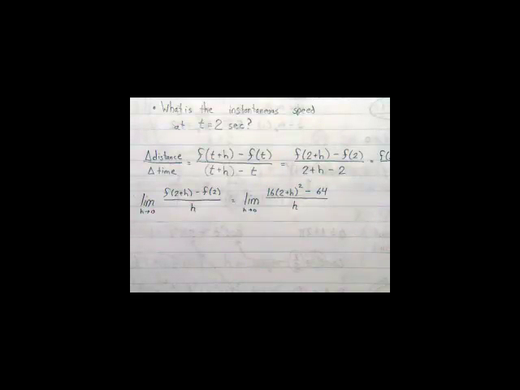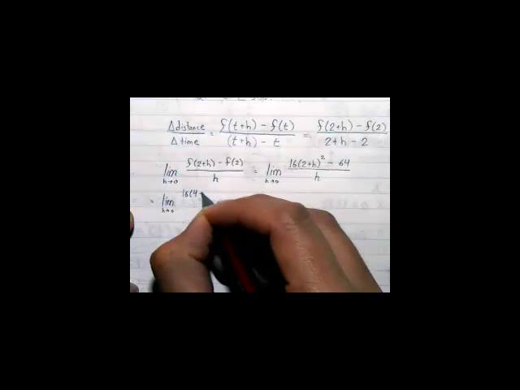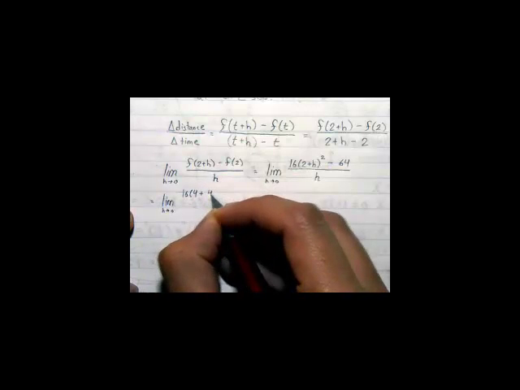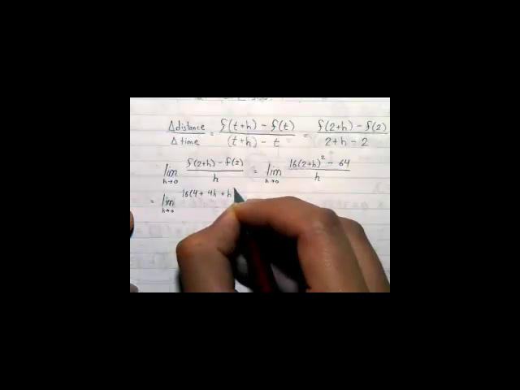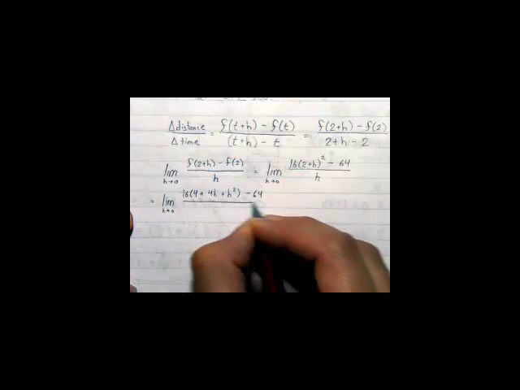So now we can simplify this. We've got to square out that 2 plus h. FOIL that out and see what we get from that. So we end up with 16 times 4 plus 4h plus h squared, minus 64, divided by h.